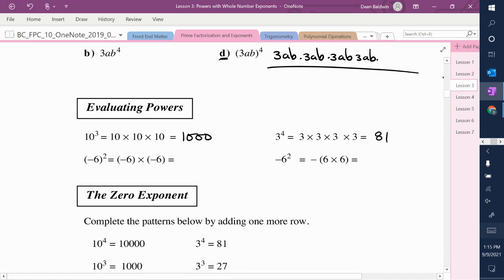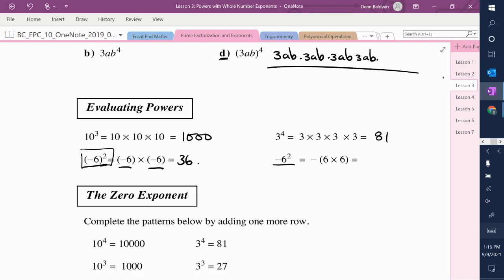Okay. Now these two. -6 all squared, which is this one, is what? Positive 36, right? Because what it means is -6 times -6, and a negative times a negative is a positive.